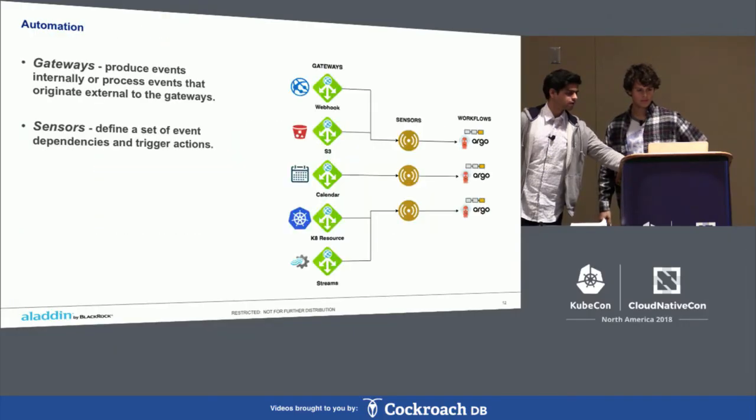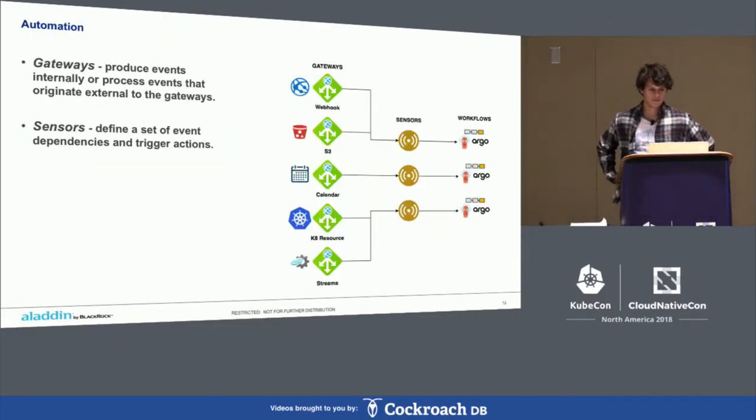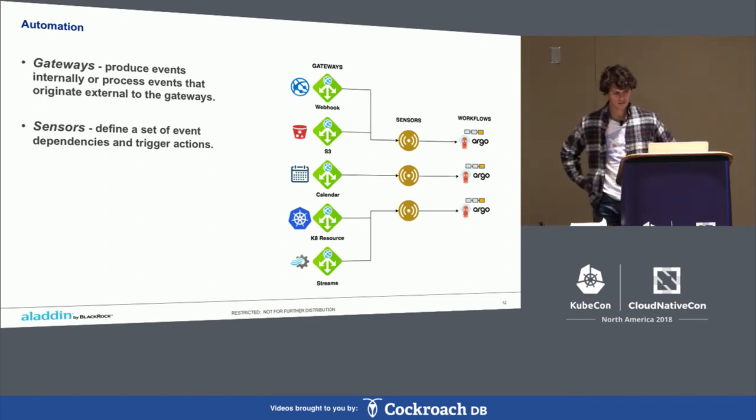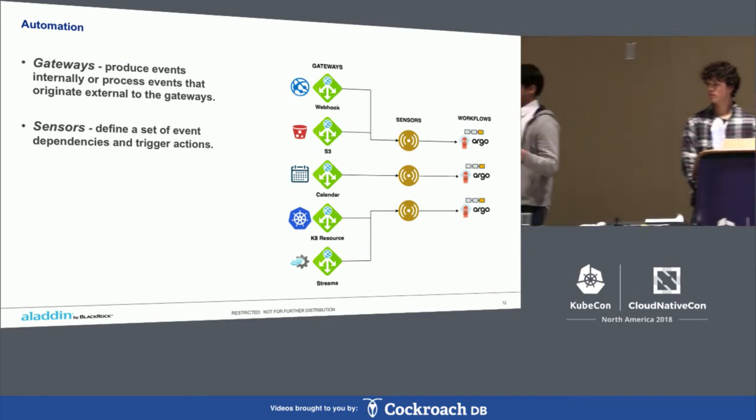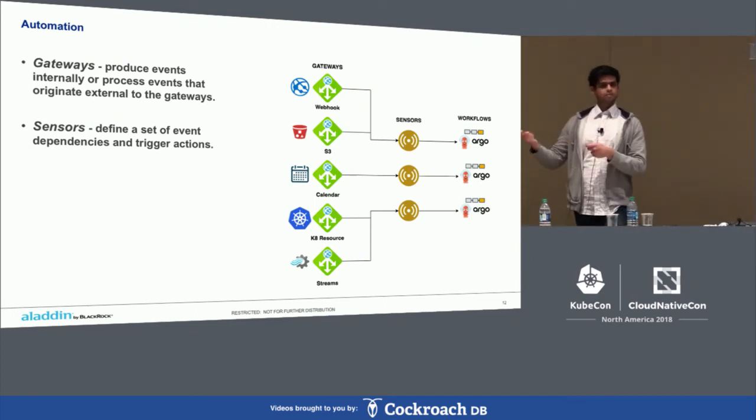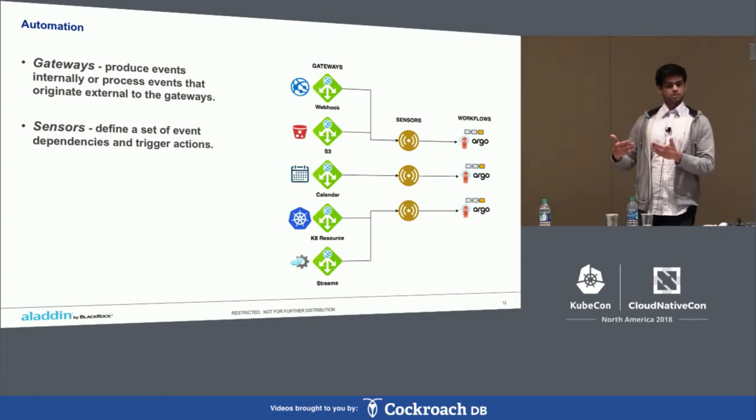So this one, right? Out of the box we provide some core gateways for webhooks, S3, SNS notifications, calendar gateways, even messaging queues like Kafka and NATS, and you can even have a Kubernetes resource as an event source. So for any updates to any Kubernetes resource, standard or custom, you can watch those events.